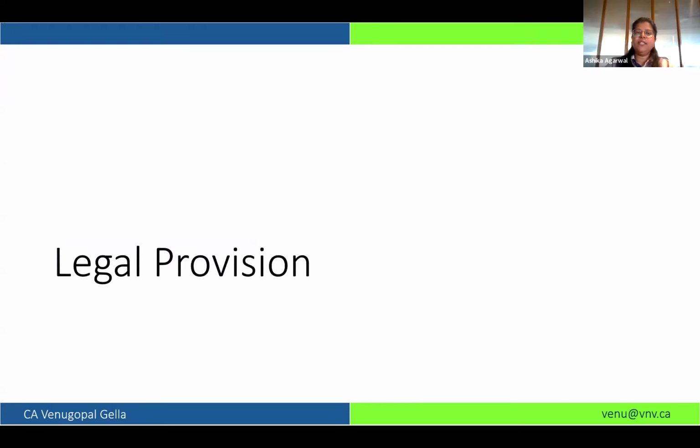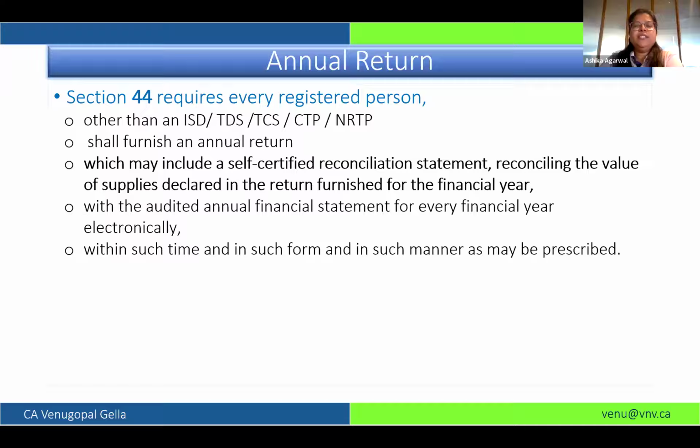So first, starting with the legal provision. Now it feels like what is there to read for legal provision. We all know everybody has to now file the annual return. Is it everybody or only a regular taxpayer who is required to file the return? That understanding needs to be clear because it's not the case that each and everyone has to file, and it is also not the case that only a regular taxpayer has to file.